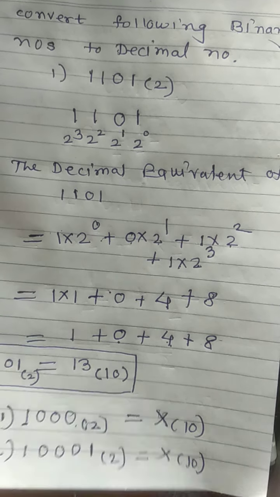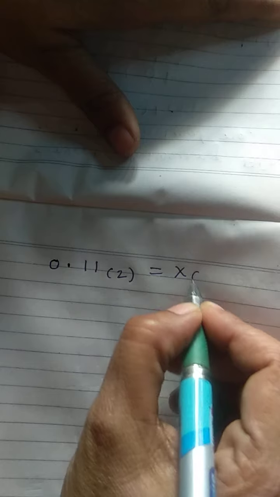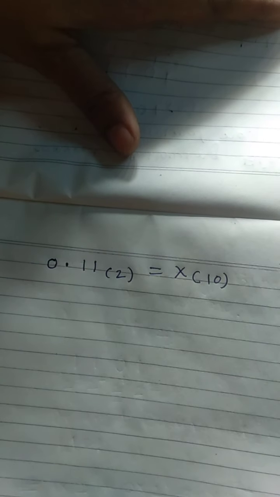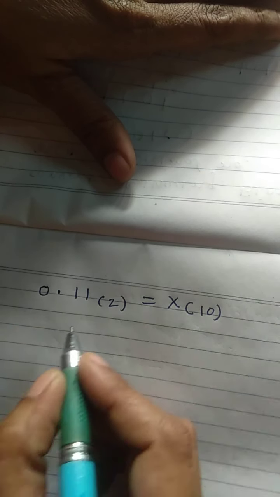Now we will convert the fractional binary to decimal. For that we will consider an example as below. First example will be 0.11 base 2 is equivalent to x base 10. Now we will have to find the value of x.